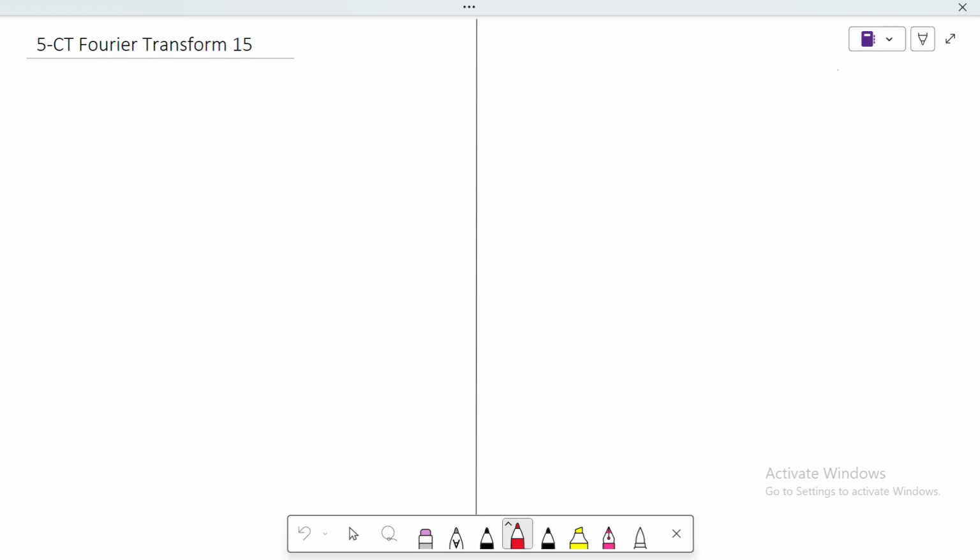This concept of the continuous time Fourier transform is also applicable for periodic signals. So now, the continuous time Fourier transform for periodic signals.